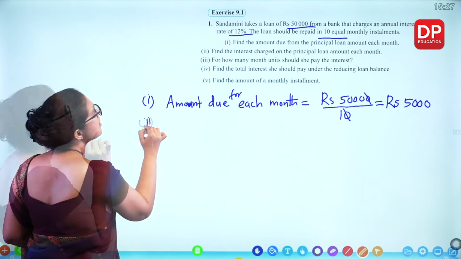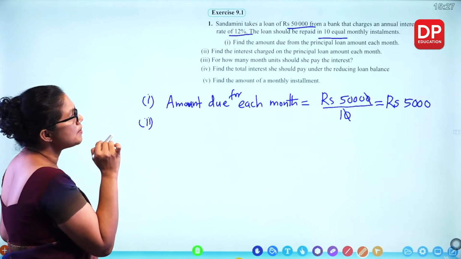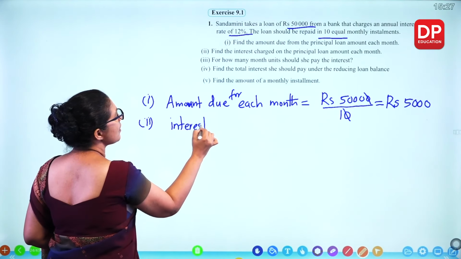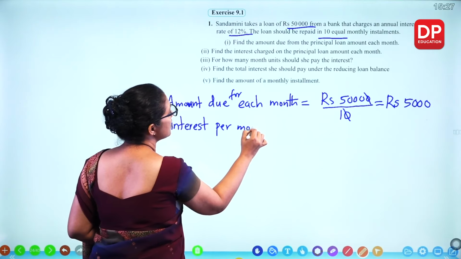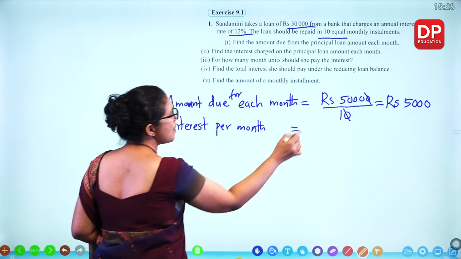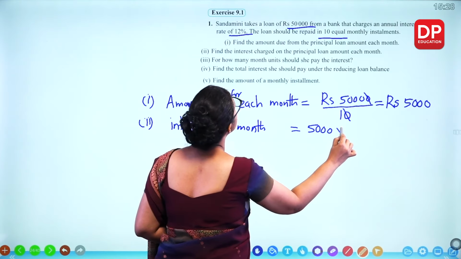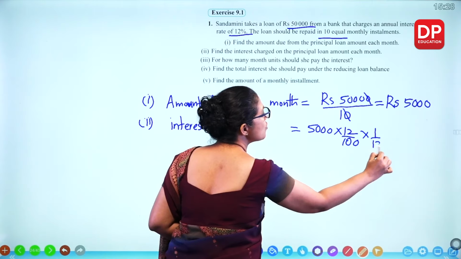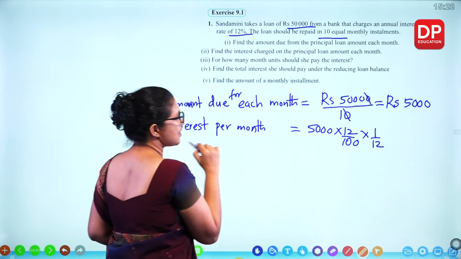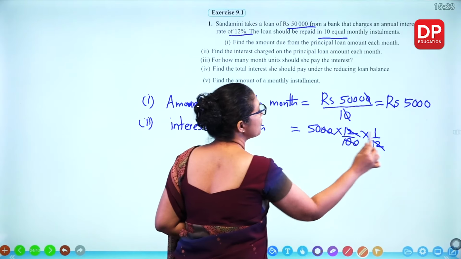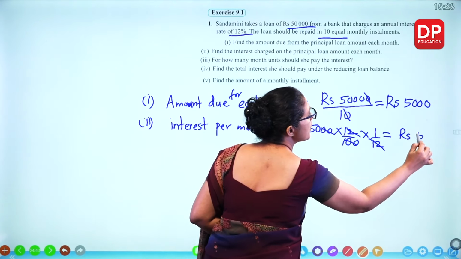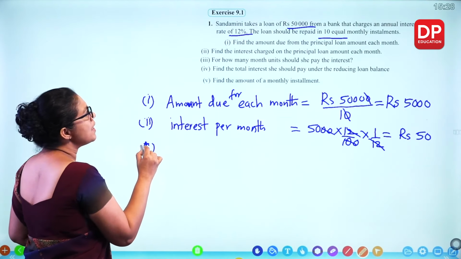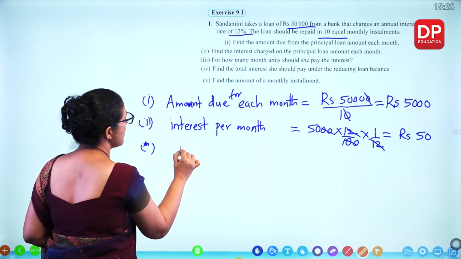Then the second part, find the interest charged on the principal loan amount each month. Interest per month. So this is the amount monthly, and what's the rate given? 12%. That's annually. Divide by 12 to get monthly interest. So 50 rupees.